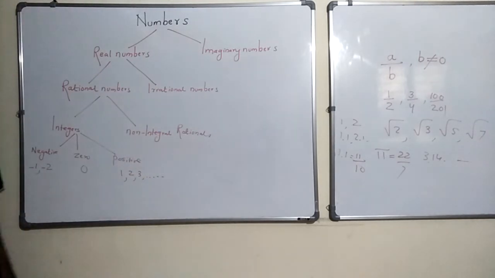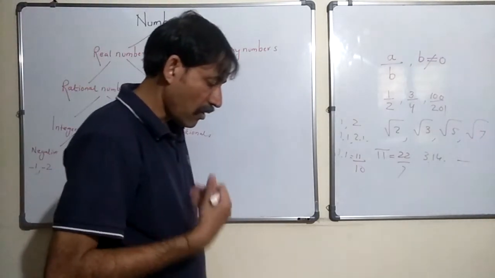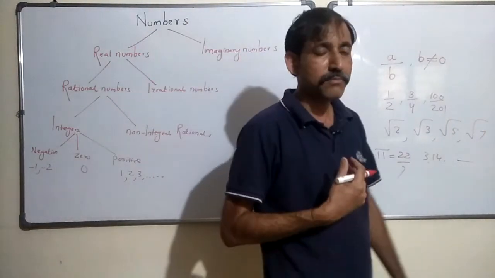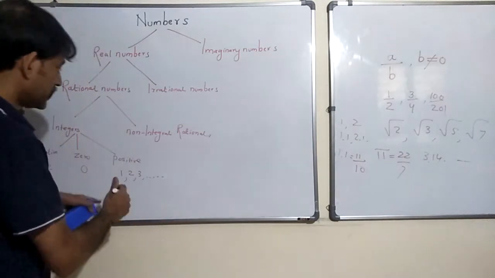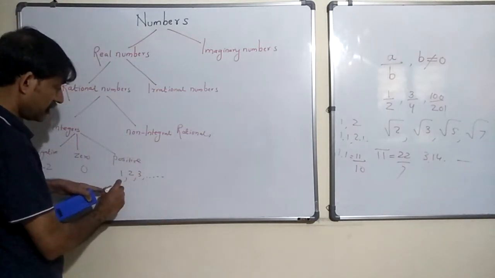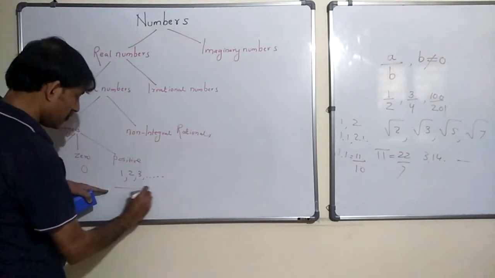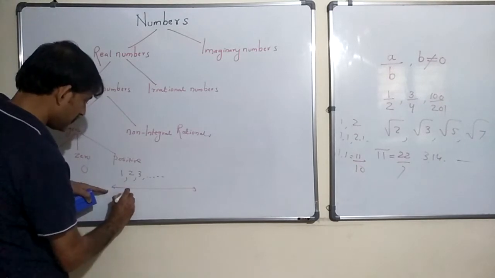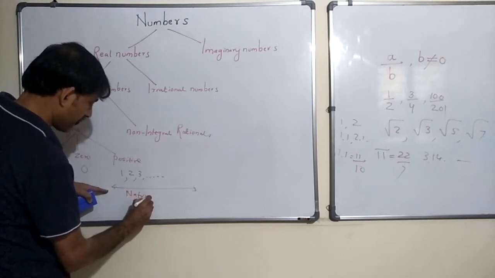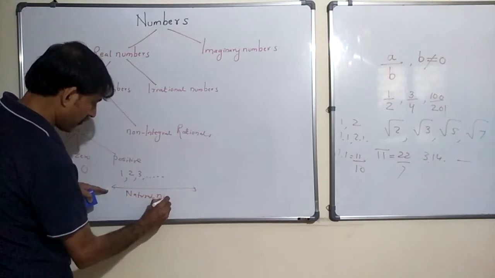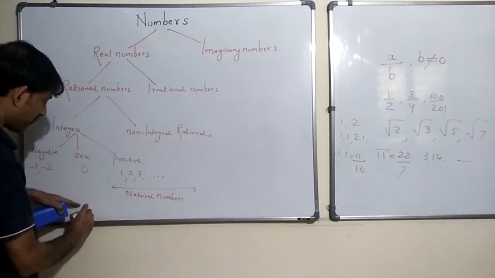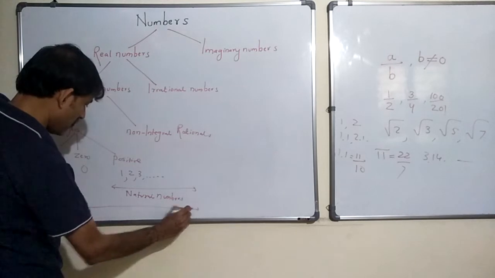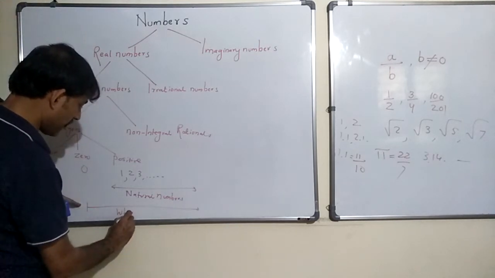Now also you would have studied natural numbers and whole numbers, right? What are natural numbers? They are positive integers. Natural numbers are nothing but positive integers. And if the same start from 0, it becomes whole numbers.